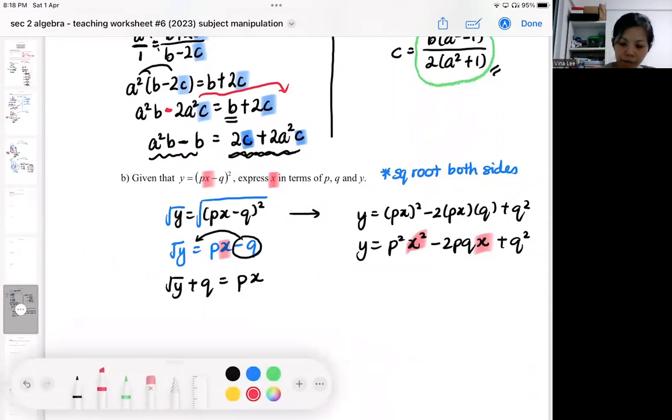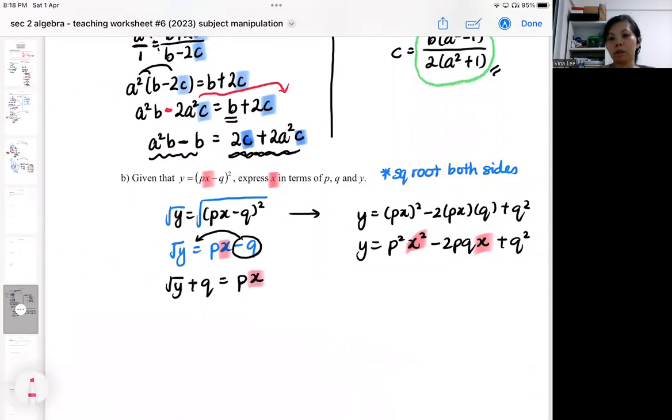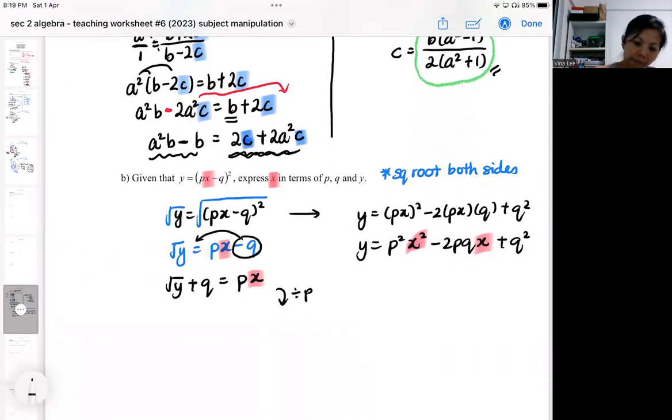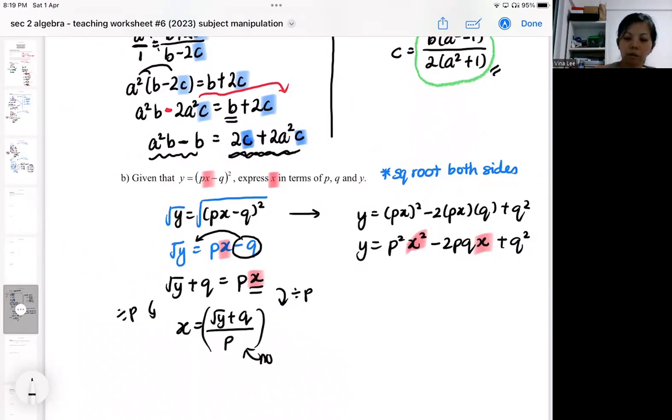So this is your subject that you need to isolate. In this case, you will divide by p on both sides so that you can isolate your subject. And this is my answer. You check your answer: there is no x in your answer.